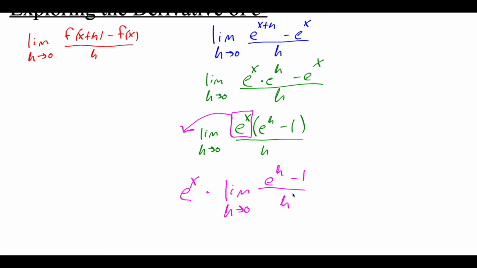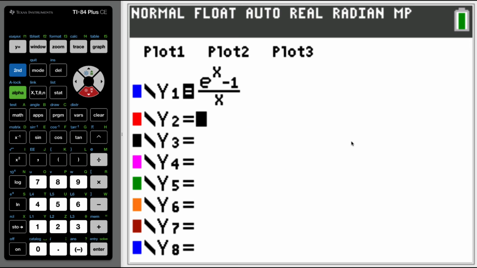Now, this limit is going to be tough for us to do algebraically, so we're actually going to look at this chunk graphically. I'm going to type in e to the h minus 1 over h into my calculator and look at what the graph is doing as we approach that h value of 0. I've got that function typed in. I have to use x's in here because my calculator doesn't use h's, so it's e to the x minus 1 over x.